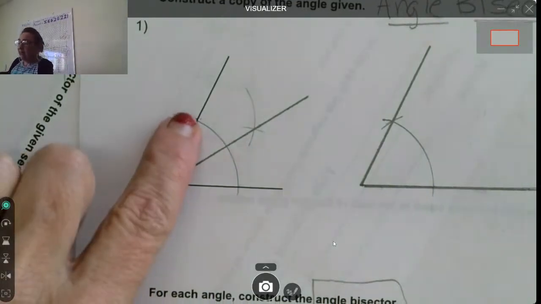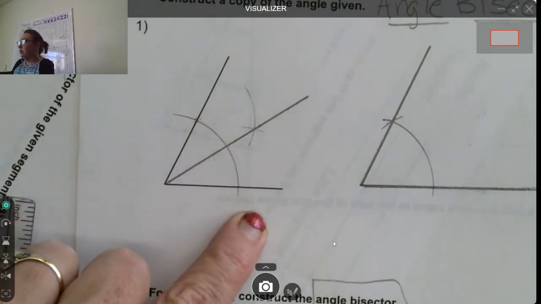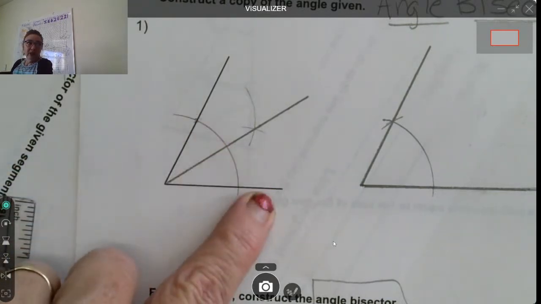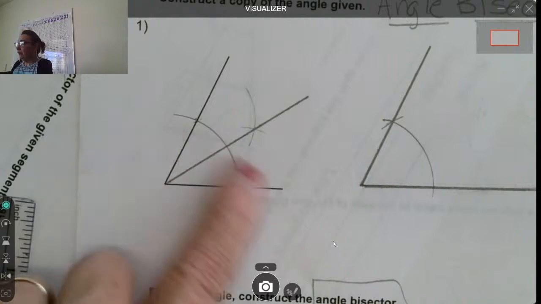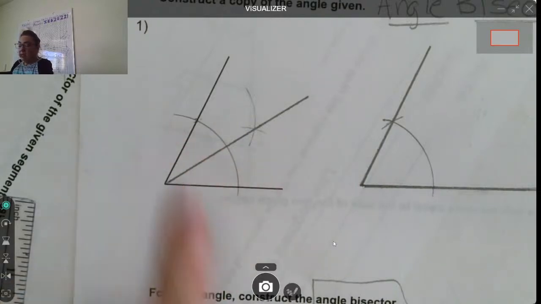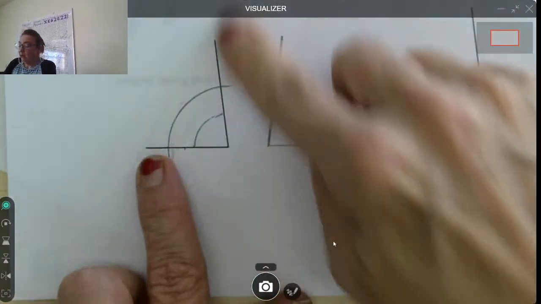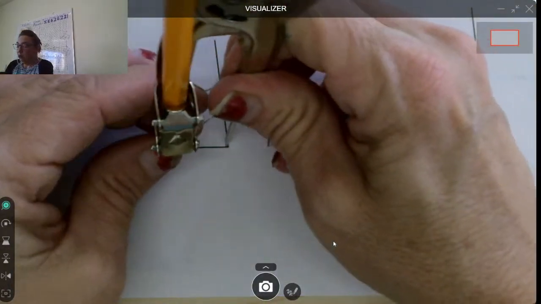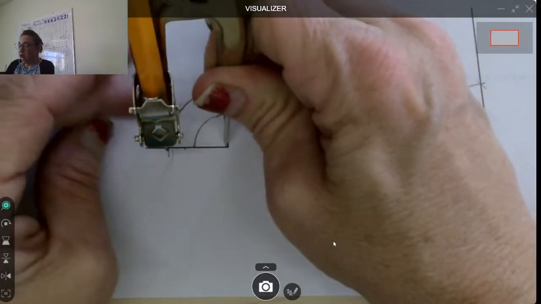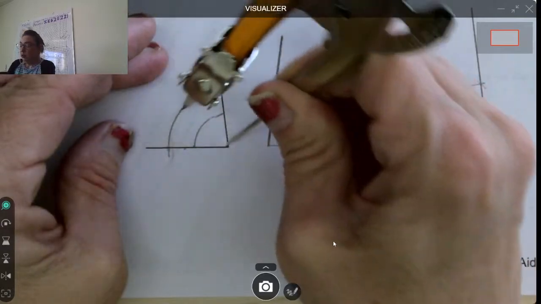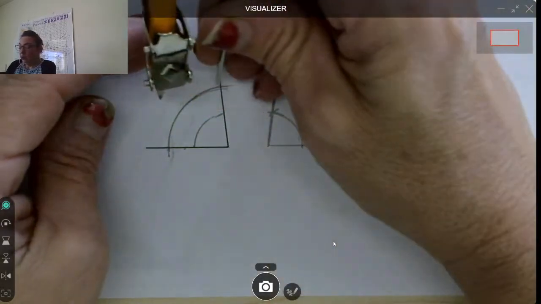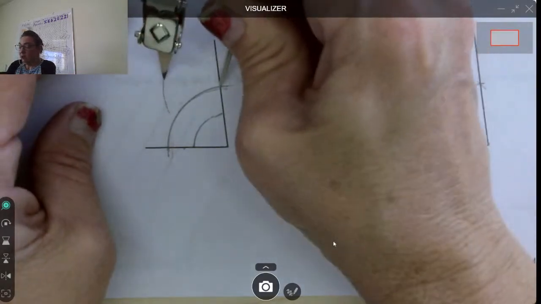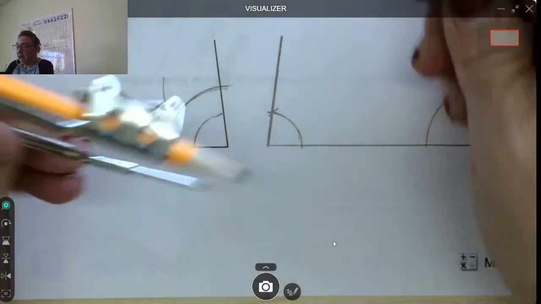Now, if we had not had that arc drawn, we would have had to draw the arc first. But because we already had an arc drawn there, we could just use it. Y'all see what I'm saying? So we use the arc we already had to do that angle bisector. If we go down here, we have this angle. We draw an arc. Then we put our compass on both sides of the arc and make an arc on the inside of our angle.